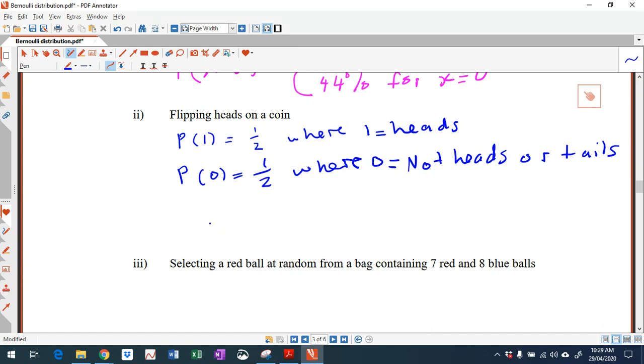Okay, so now we can write down the probability distribution for that, Bernoulli probability distribution that is. So starting off the same way as the previous example. Okay, so probability of X equals X equals, and first one was a half, so success first, where 1 is equal to heads.